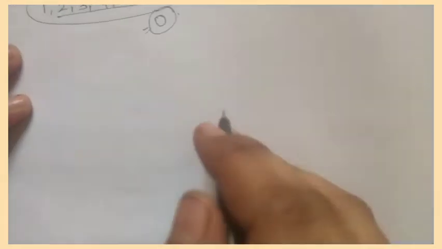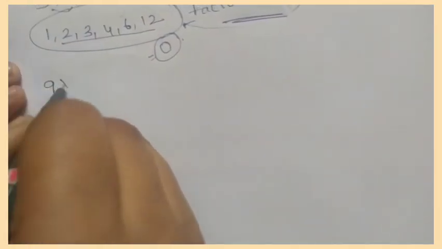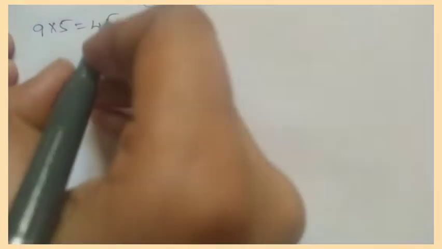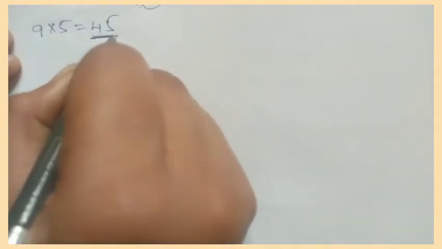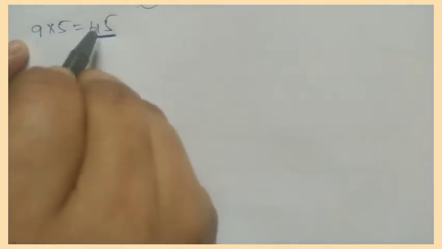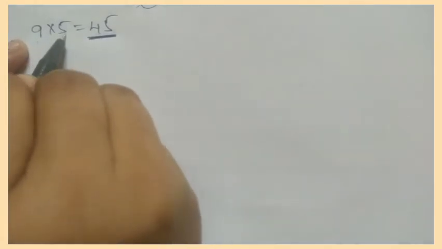For example, 9 fives are 45. Here 45 is a multiple of 9 and 45 is a multiple of 5.